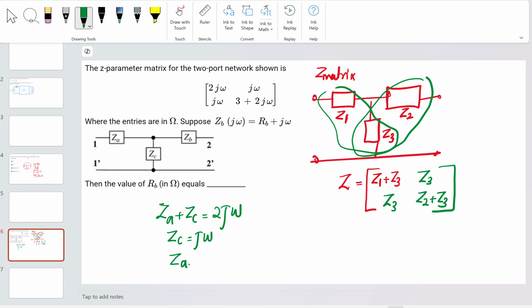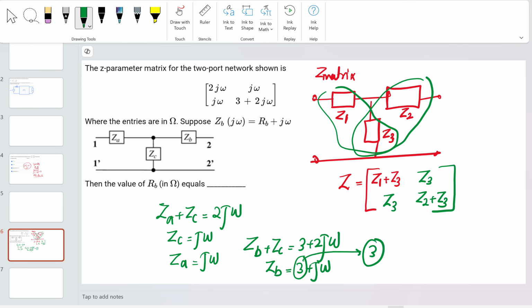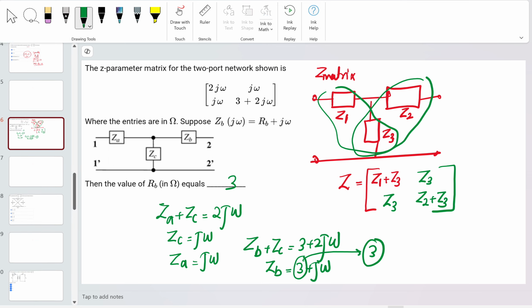So from here ZA will become j omega, and ZB, which is Z2 plus Z3, is basically equal to 3 plus 2j omega minus ZC. From here ZB will become 3 plus j omega. So the real part of it will become 3. That is correct. 3 is the correct answer.